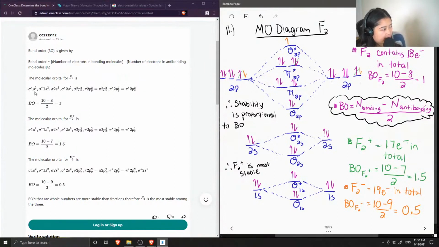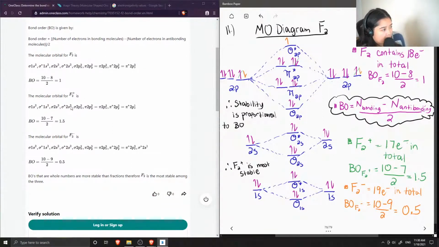So you can see it's sigma 1s, sigma 1s star, sigma 2s, sigma star 2s, and so on. And then they showed that there are, so this is right.